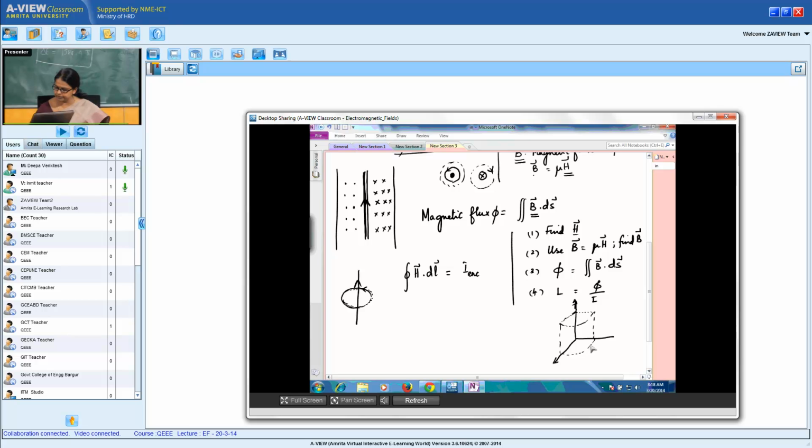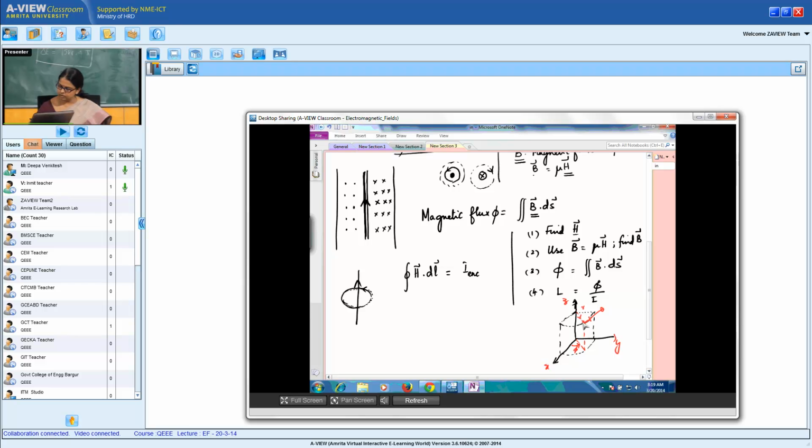So in this coordinate system, this is my dl, and H and dl, remember last time we said this is r, this is phi, and phi is the angle made by the projection of this point on the xy plane.